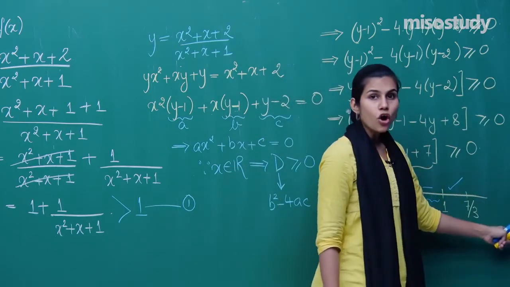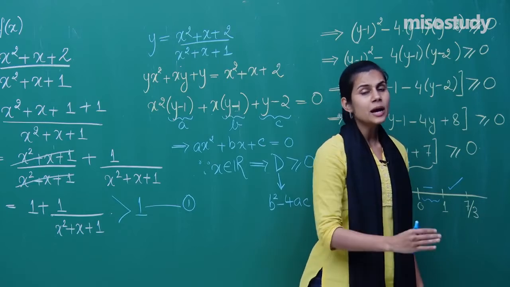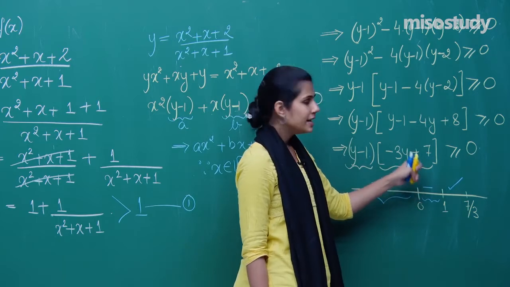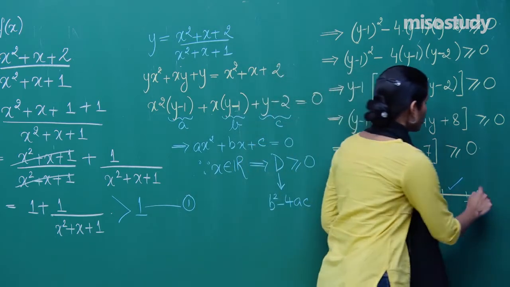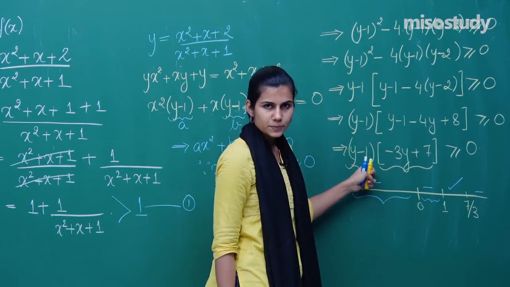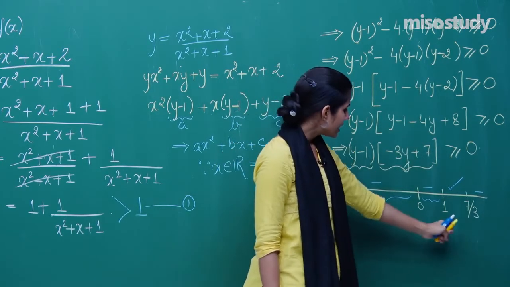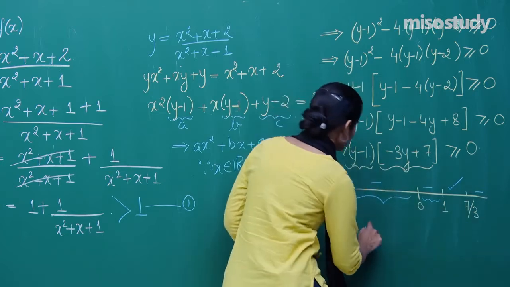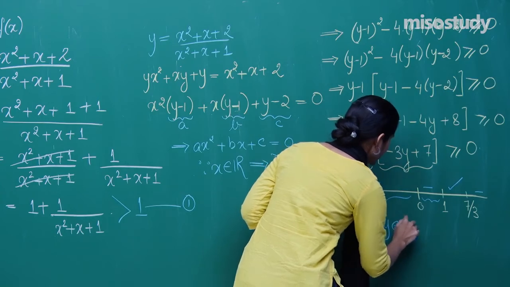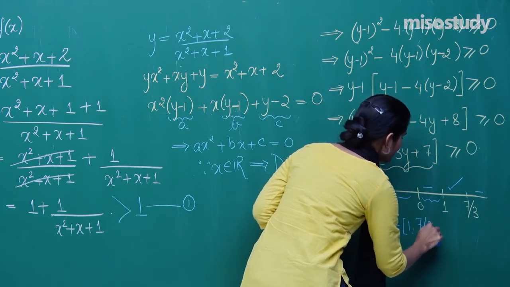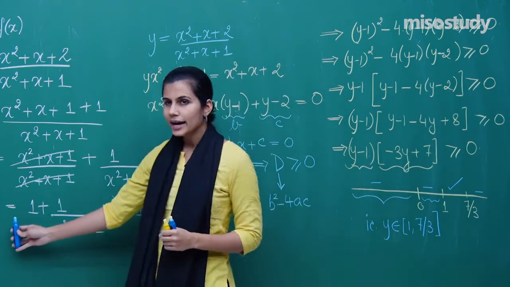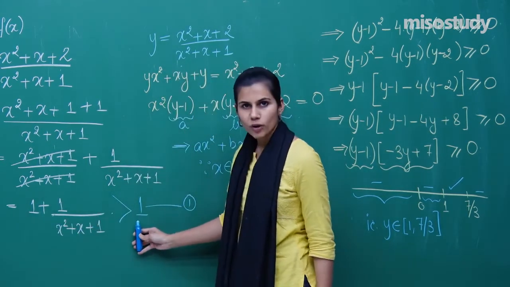In fact, if I move beyond 7 by 3, I will be increasing numbers to greater than 7 by 3, and then this will create a problem. It will make the expression negative. So the only values of y which when substituted in this expression deliver non-negative results is this range. That is, for this expression to be non-negative, y should come from 1 to 7 by 3. But mind it, we had understood that our y is strictly greater than 1.